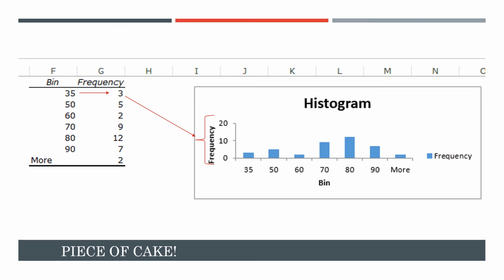The first bin includes all of the values below it. In this case, 35 shows 3 values, indicating that there are 3 students who scored less than 35. The last specified bin is 90. However, Excel automatically adds another bin called More. This bin would include any data point which lies after the last specified bin.